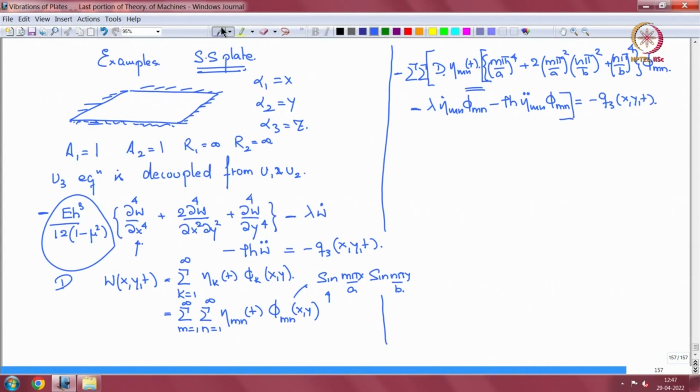Here I have the double sum with a minus, I get d eta mn, m pi by a whole squared plus n pi by b whole squared, into phi mn, minus lambda eta mn dot, or let me keep phi mn outside here.